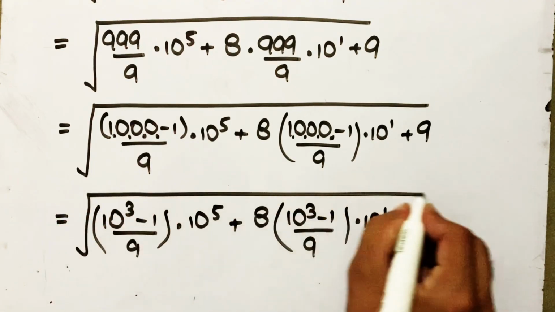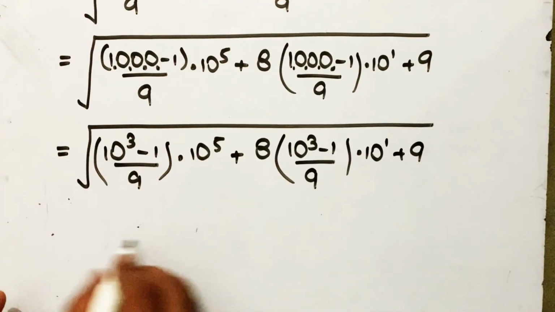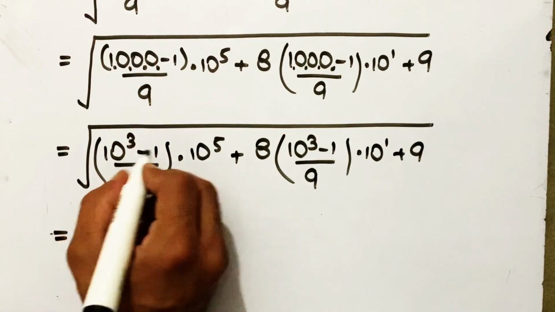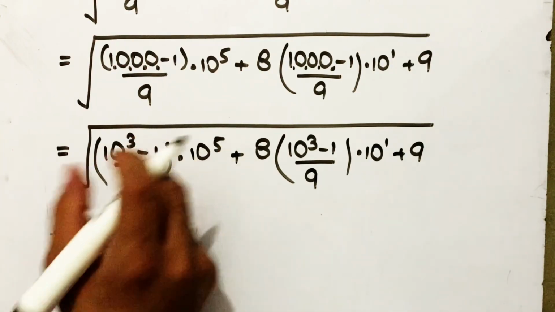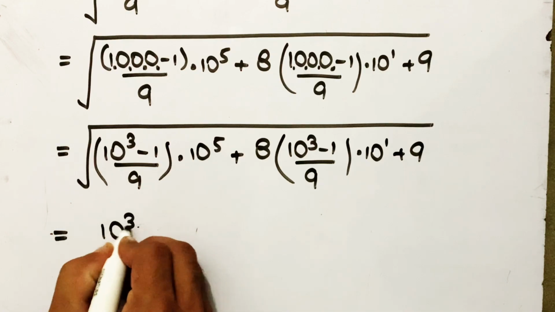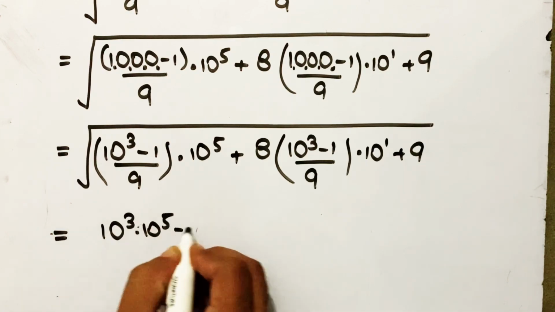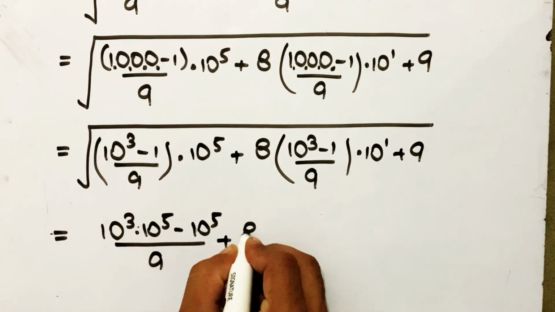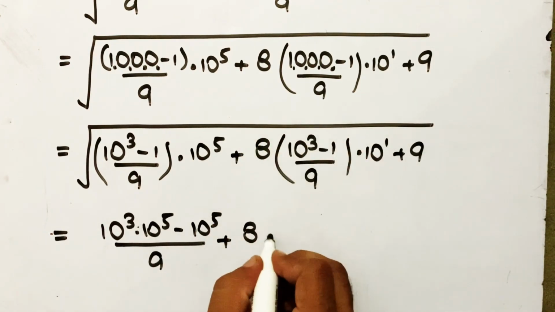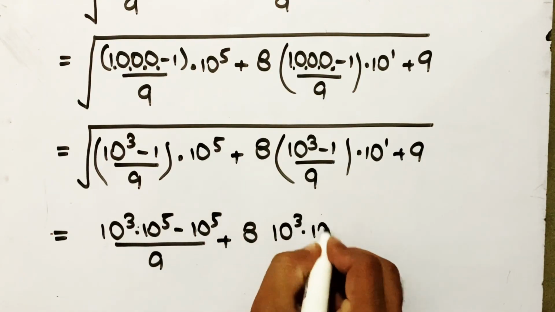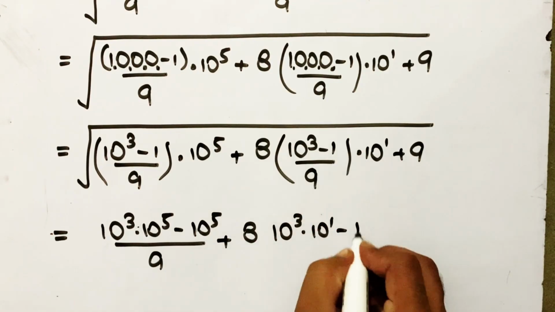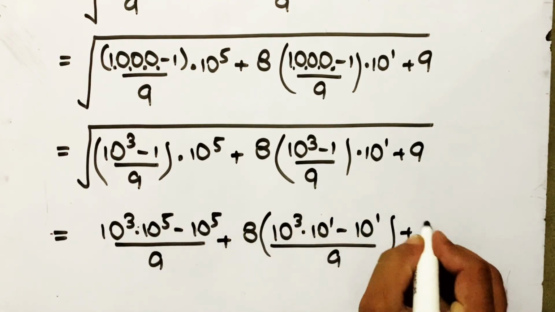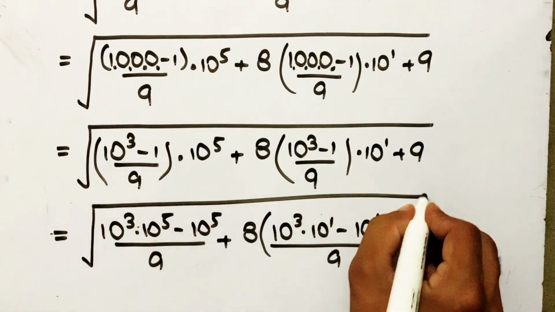So take all square root here. So next step is, if I multiply inside, our equation is 10 to the power of 3 into 10 to the power of 5 minus 10 to the power of 5 divided by 9 here, plus 8, if I multiply this term inside, our equation becomes 10 to the power of 3 into 10 to the power of 1 minus 10 to the power 1 here divided by 9 here. So plus 9, square root here.